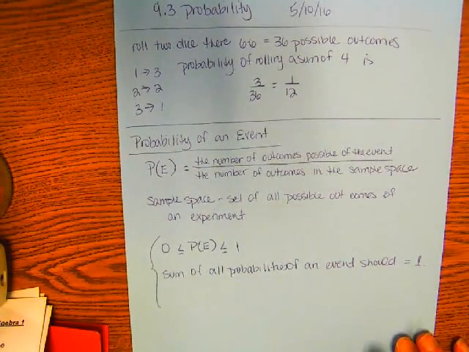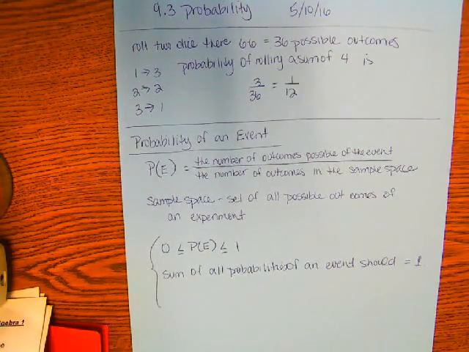Let's take the deck of cards, for instance. In a deck of cards, the sample space is all of the cards. So how many things are in the sample space? 52. Let's say I was dividing the cards by suit: hearts, diamonds, clubs, what am I forgetting? Spades. What is the probability that the card you pull out is a club?